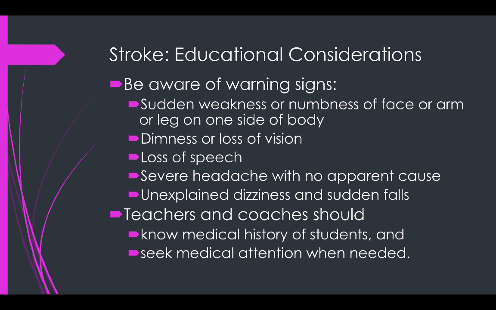Many males will get it near their heart, usually left arm weakness. For some reason females tend to get right arm weakness, pins and needles, sharp pain. They might have some blurry or dimness, loss of vision, impact their speech. They may have a really bad headache for no reason. They might feel dizzy. Any of these could be a sign of a TIA or potentially a stroke is occurring.